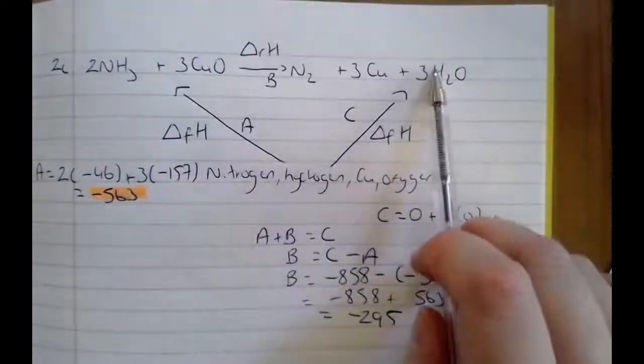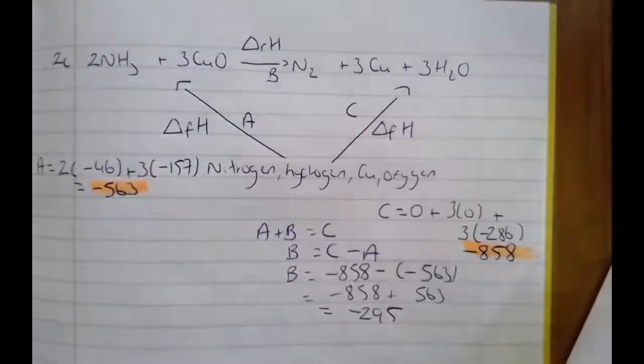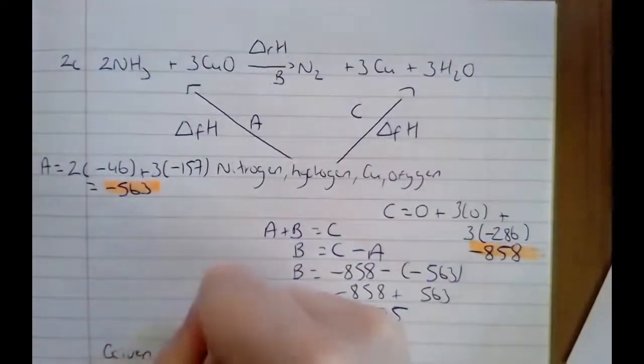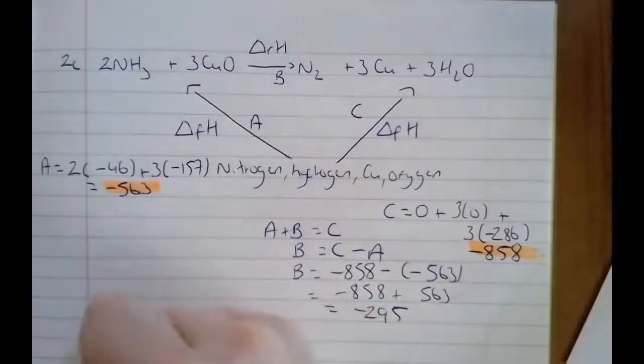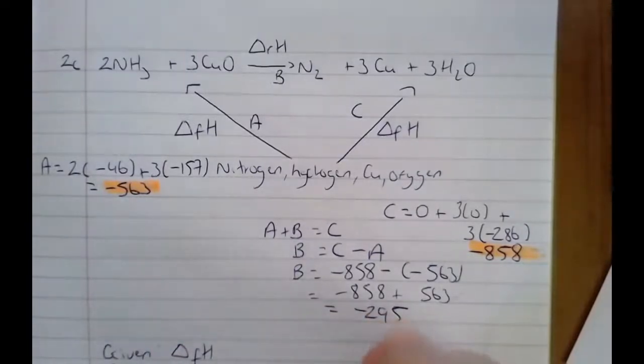In other words, the products minus the reactants. And you can learn that as a rule if you want to, that if you're given the delta HF and you're asked for the delta HR, it's going to be products minus reactants every single time.